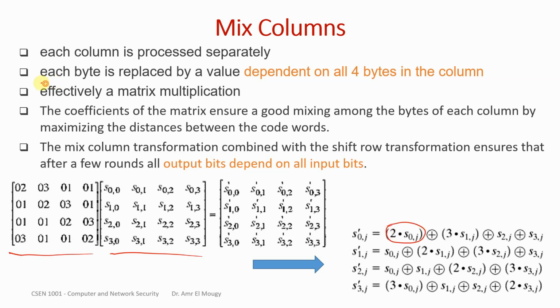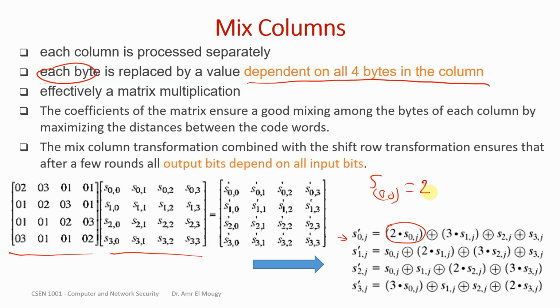Each byte in the state matrix is replaced by a value that is dependent on all 4 bytes in the column. How is that? Let's take as an example S0,j. 0 and j are the row and column, so it's row 0 and column j. So let's say we are talking about S00, the cell in the 00 position.